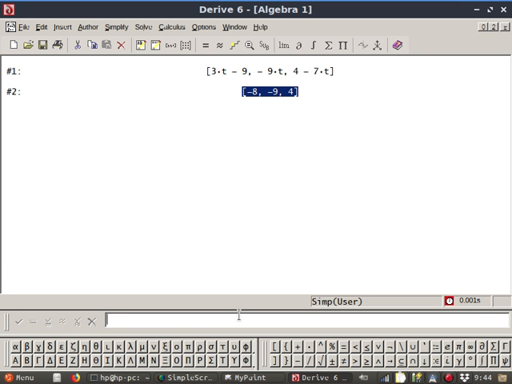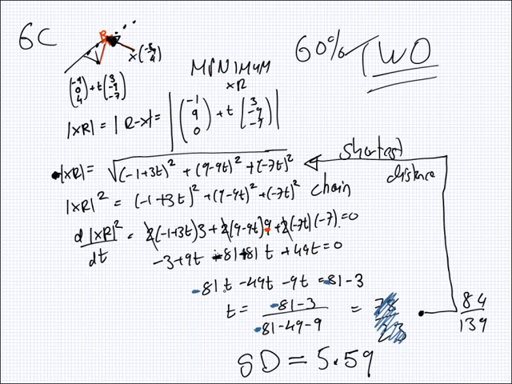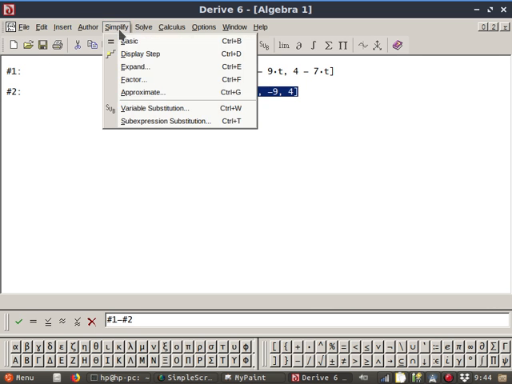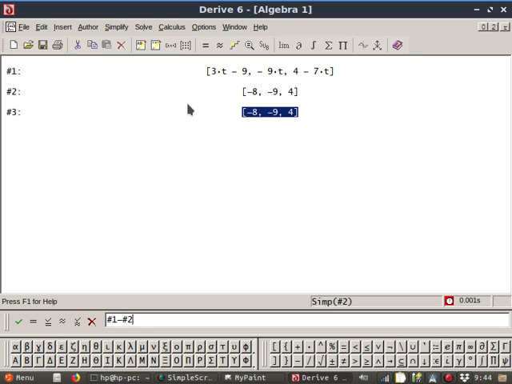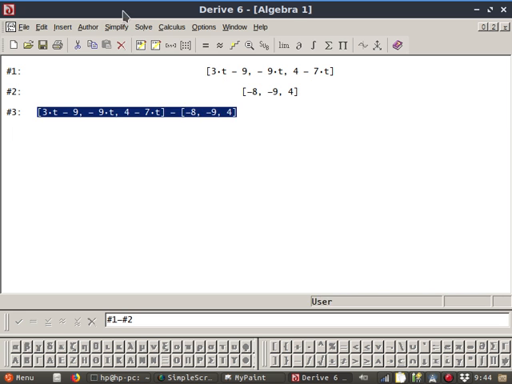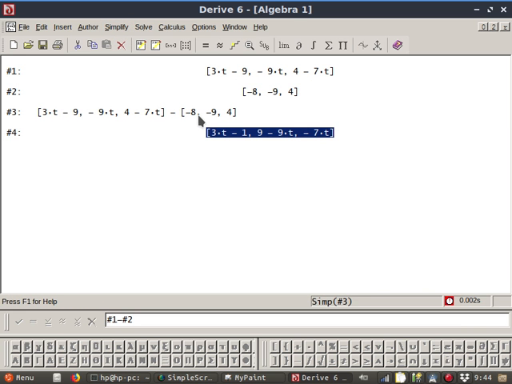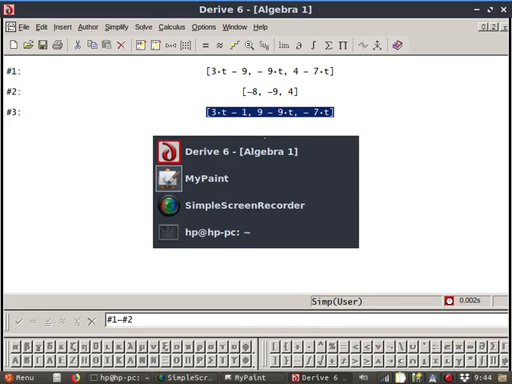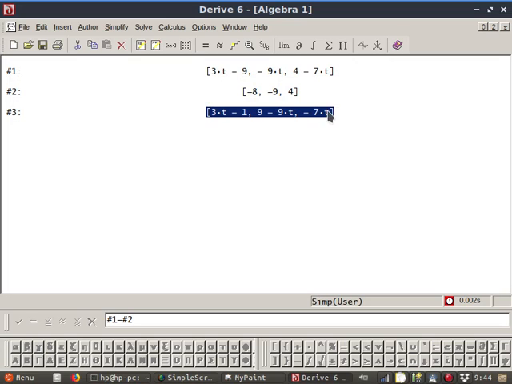So I need to do... What did I do first? I did the cross product, so that's like 1 minus 2. There we go. Is that what I got here? 3t minus 1. Same thing. Okay, good.